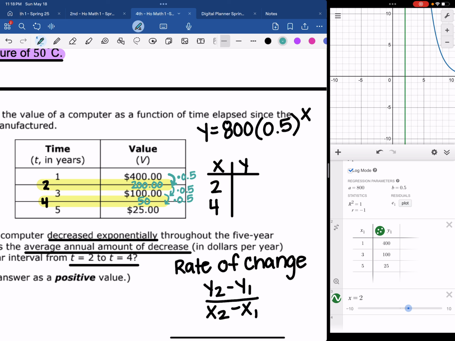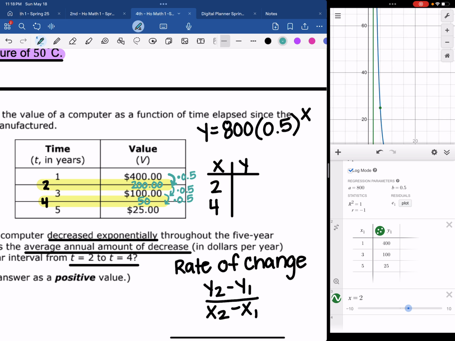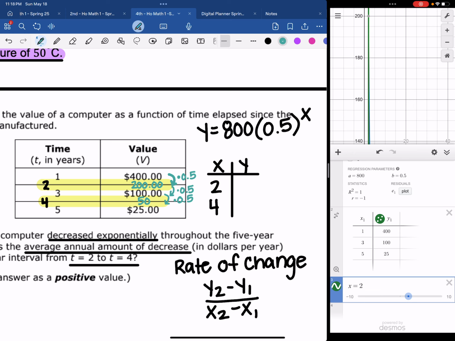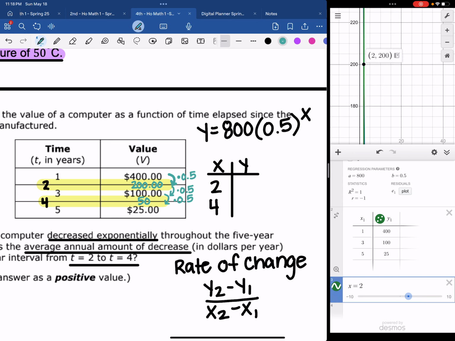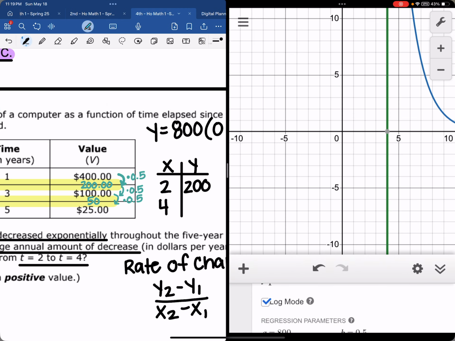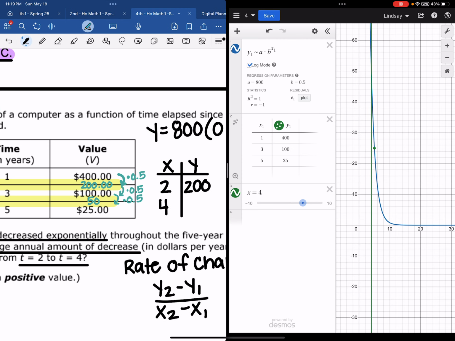I was like, why is this not working? All right, so if I go to x value of 2, find that intersection, I may have to do quite a bit of scrolling to help me find it, but I can find that it is 200. So we now know that that's 200, and then I can do the same thing with the 4. Of course I'd have to do a little bit of scrolling, but I can see that that's 50.